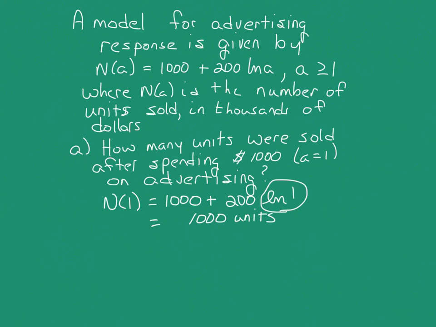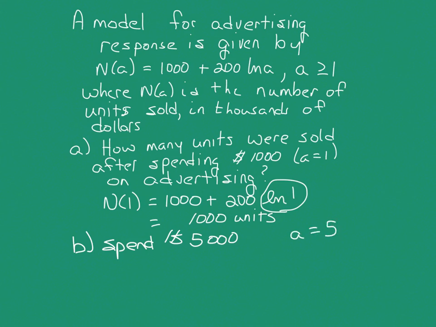All right, let's do a second problem here. Same example, same equation, but this time, what if we spend $5,000? If we're spending $5,000 in advertising, then A is 5.